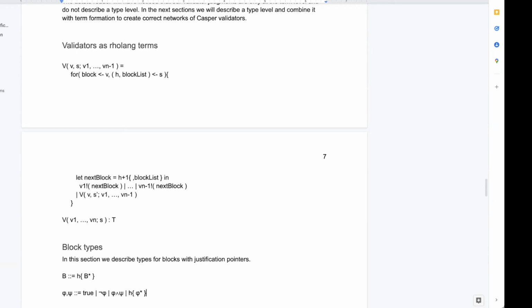So that will now describe blocks where you have specific height numbers. But suppose you wanted to have a height, not a specific height, but a height predicate.